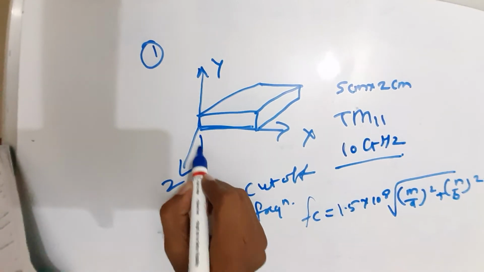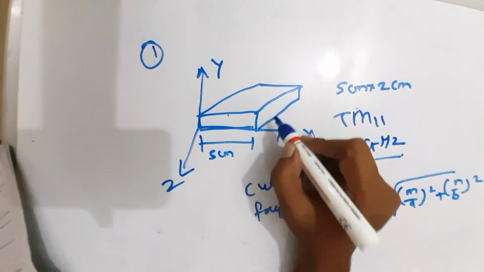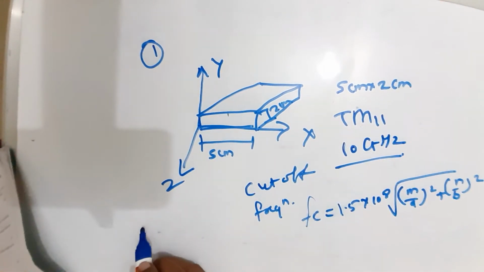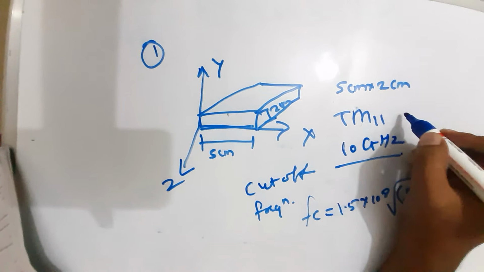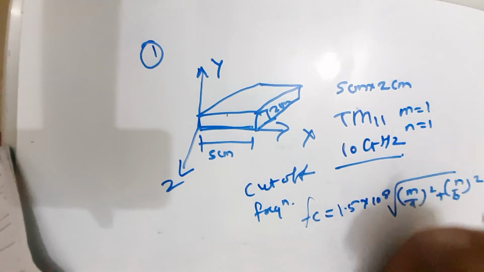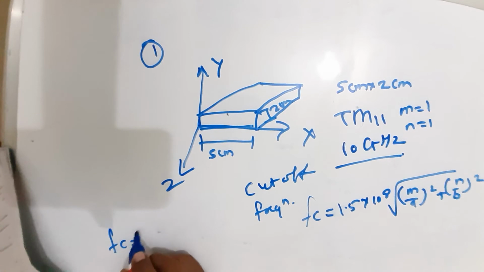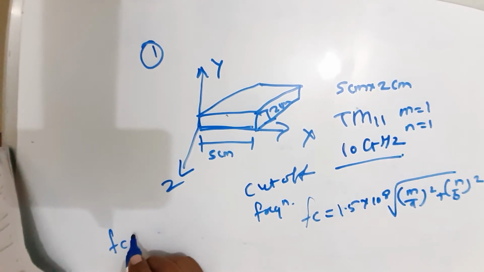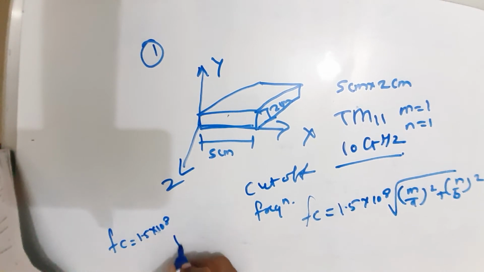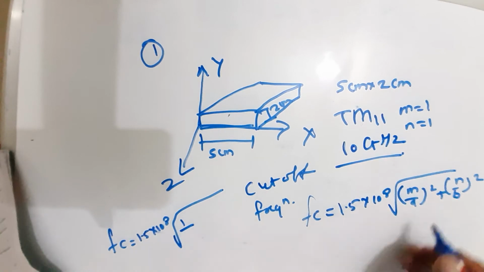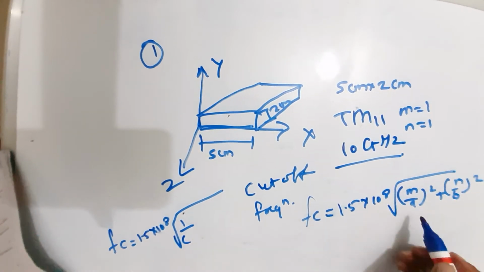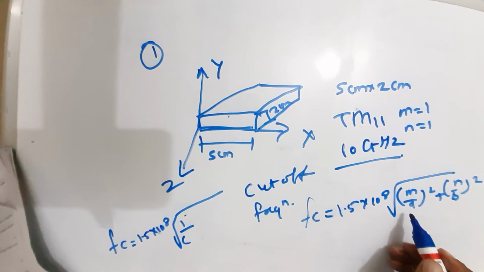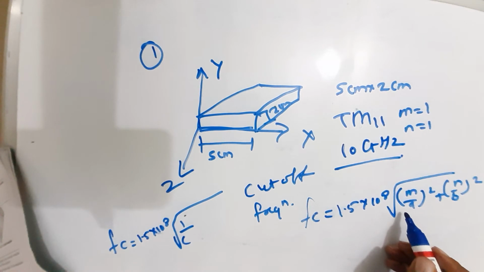The a value is 5 centimeter and the b value is 2 centimeter. Here TM11, so m equal to 1, n equal to 1. Fc equals 1.5 into 10 raised to 8 under root of 1 divided by a, which should be in centimeters, so we have to convert this, or you should write it in centimeters also.